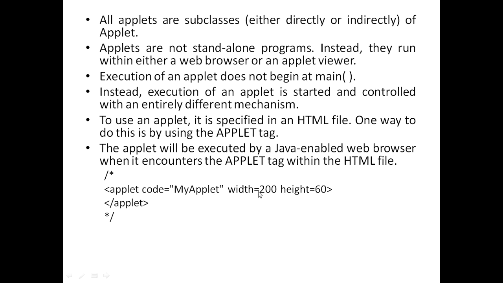Then you have to specify the width and height of the applet window. Then you have to end that applet. So this code you need to include within an HTML file, which will have the extension .html. So you need to save this file with .html. Then when you run the applet, you need to run this HTML file, which in turn is going to call your Java class file.